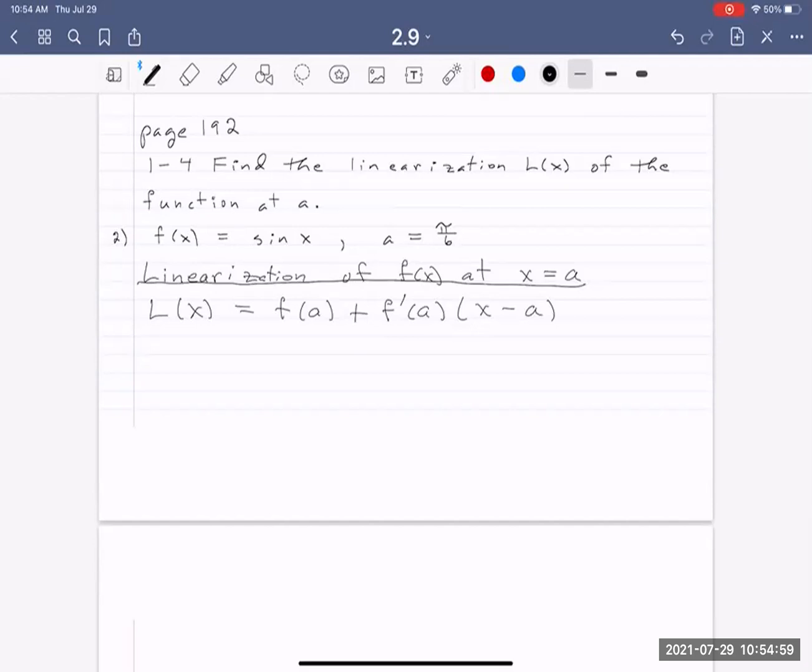So let's determine f at A and f prime at A. Well, f at pi over 6.